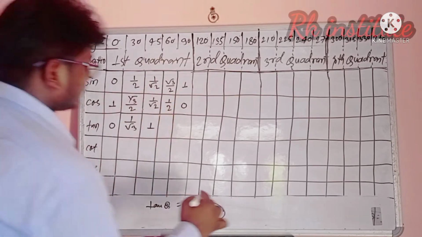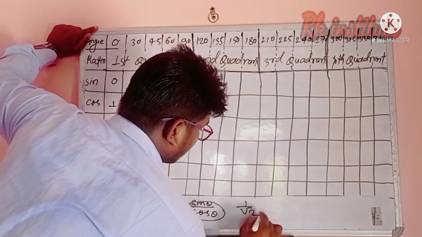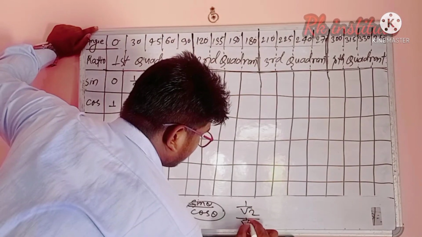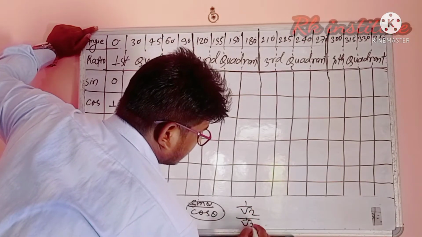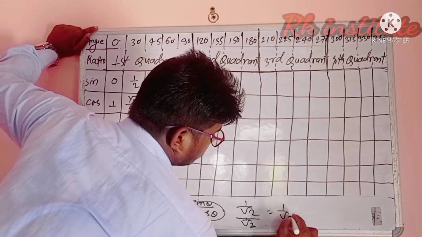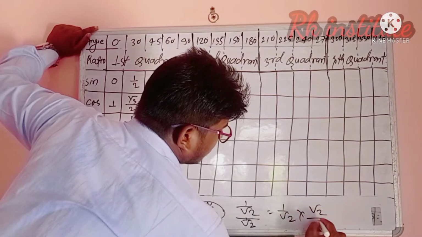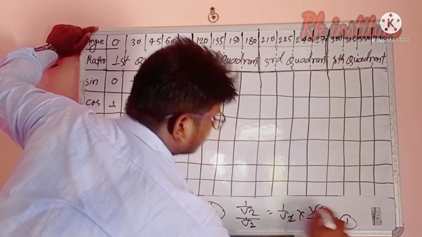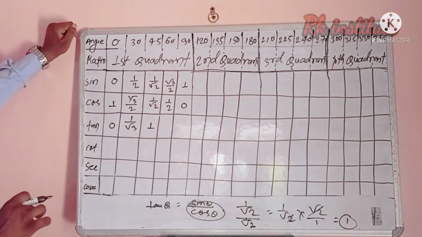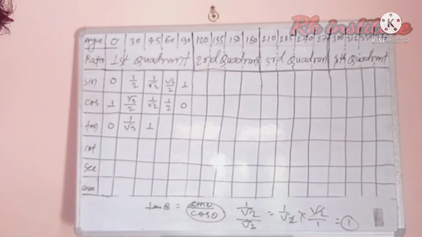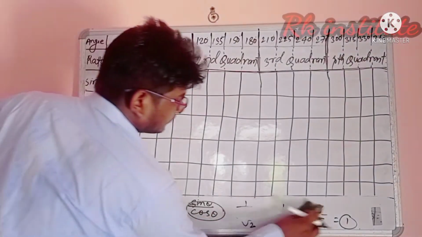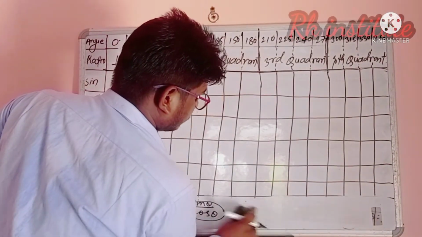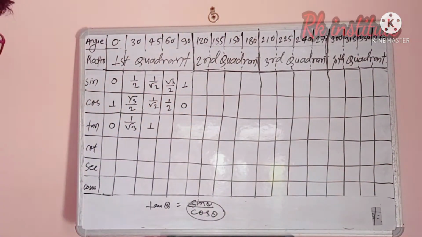Then 1 by root 2 divided by 1 by root 2 changes into 1 by root 2 times root 2 by 1, which is 1. So we write 1 there.